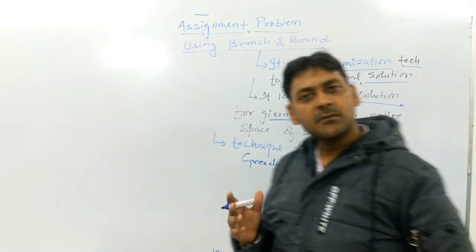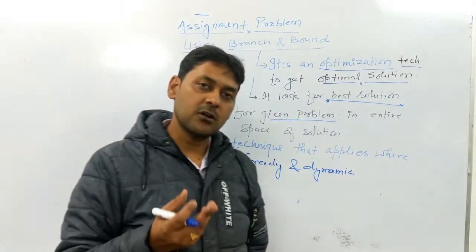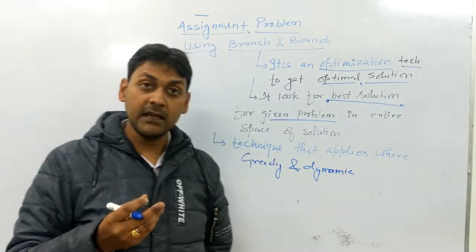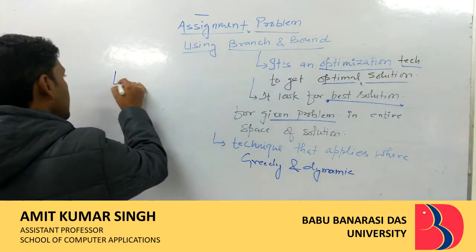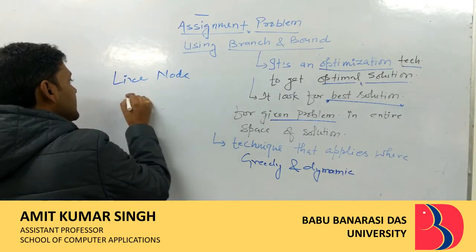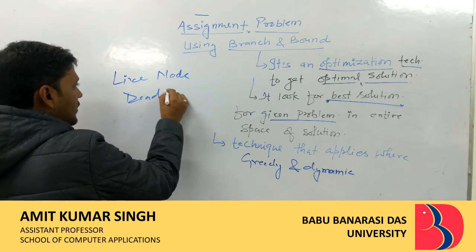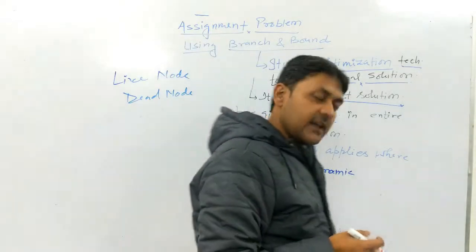In the branch and bound topic, you have also covered some terminologies. Basically two terminologies are most important: one is the live node and the next one is the dead node. Everybody knows what a live node is.